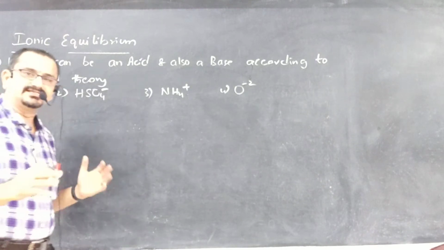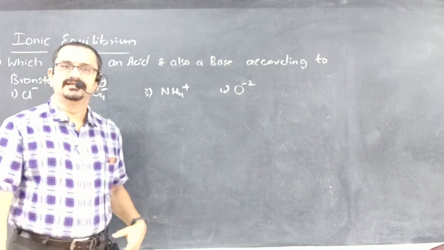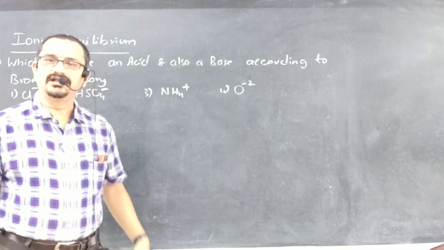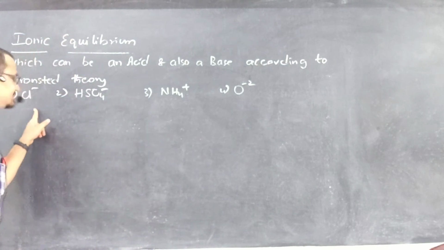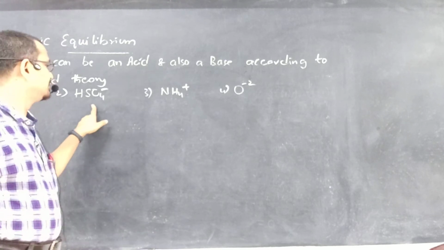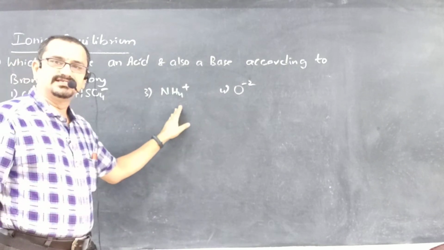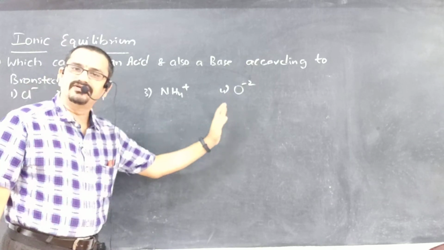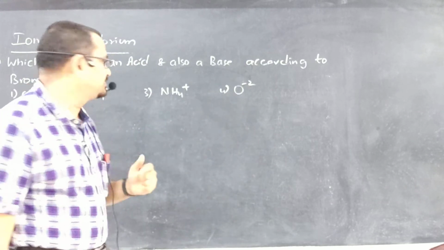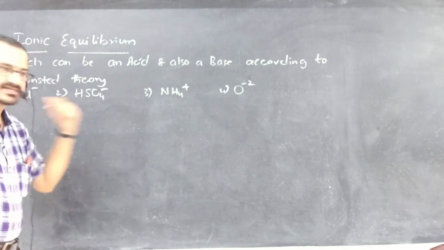First option is Cl minus, second option is bisulfate, third option is NH4 plus, and fourth option is O power minus 2. These are the four options given for us.